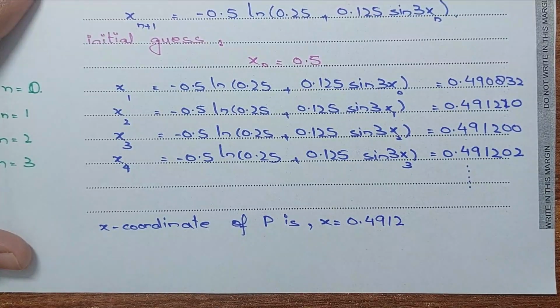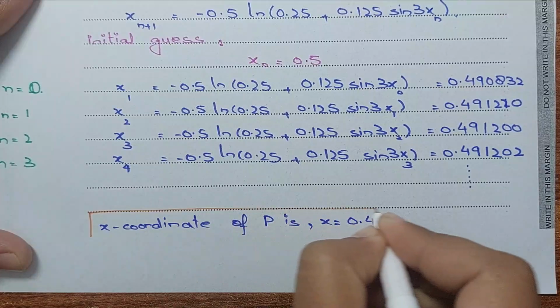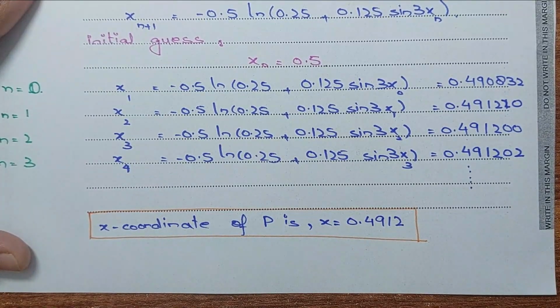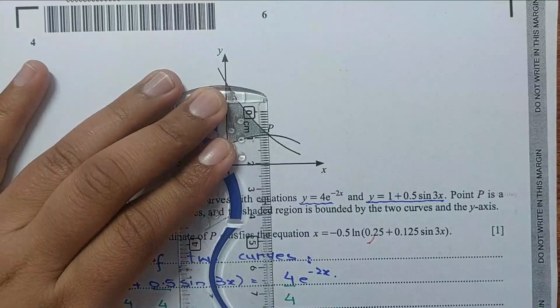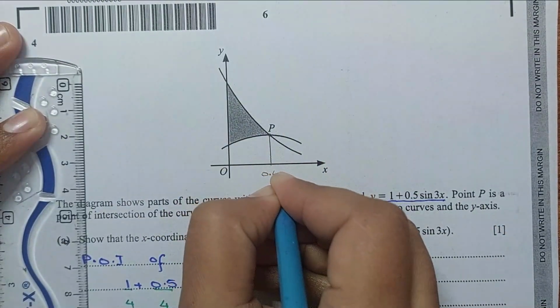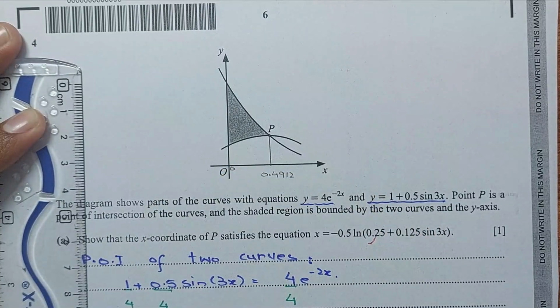This is the answer up to 4 significant figures. So the x coordinate of this point P is 0.4912.